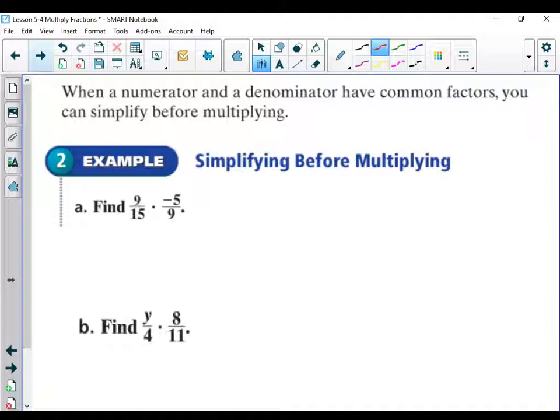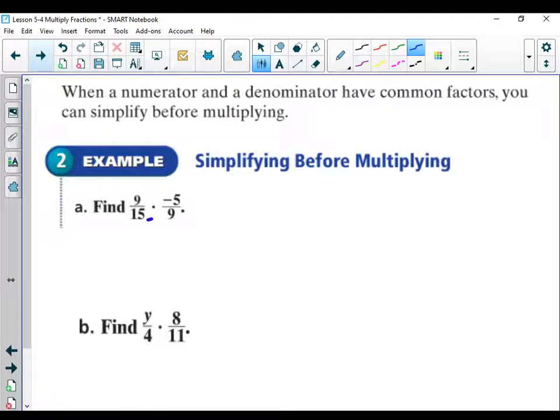I would like to show you a trick for simplifying. Some of you maybe remembered this before I'm about to tell you. In multiplying only, we did not talk about this for adding and subtracting. In multiplying only, you can simplify 1 top number and 1 bottom number before you multiply.